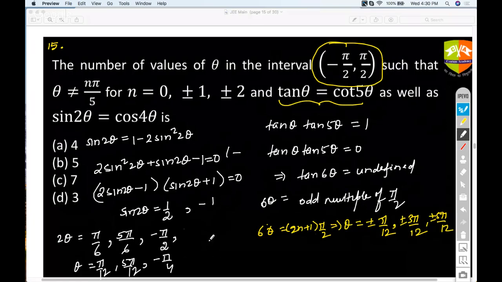Do let me know if I'm missing out anything. Pi by 12 is common. So this is common. Oh, I'm sorry. So minus 3 pi by 12 is minus pi by 4. So yes, all the three values are common. That's why option number D is correct.